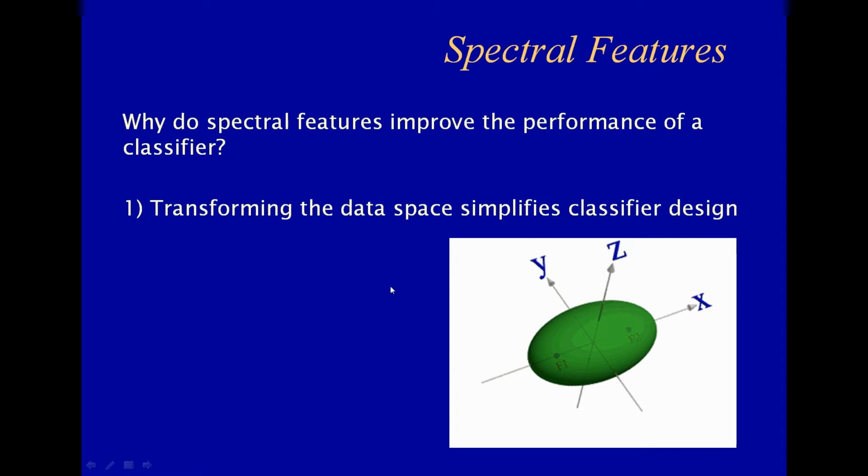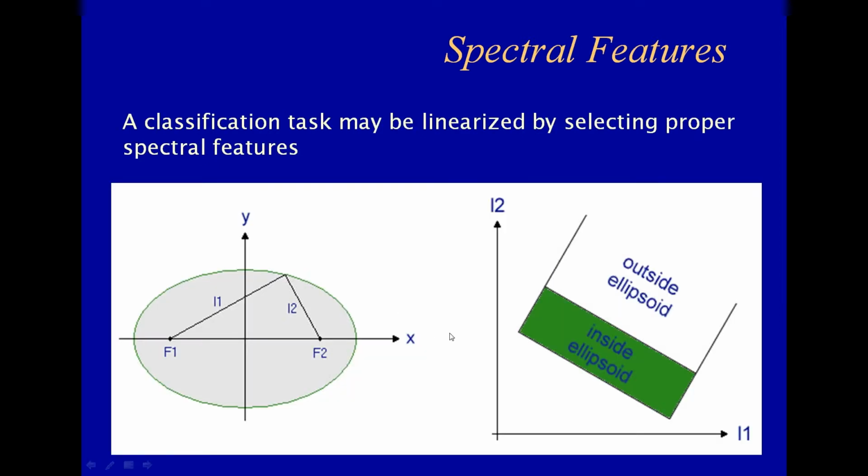So what we can do is, as we know that this is an ellipsoid, we could perform a transformation which is guided by the idea that the data are bounded by an ellipsoid. As you know, an ellipsoid is controlled by the focus 1 and focus 2 and a constant sum of L1 and L2.